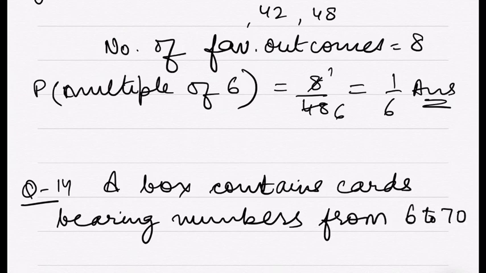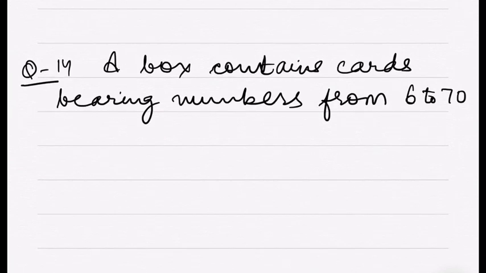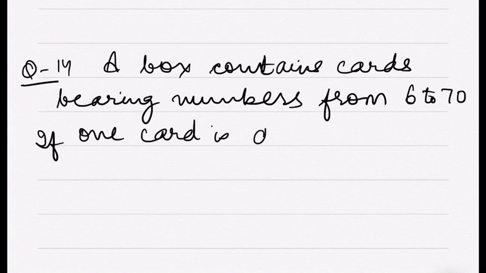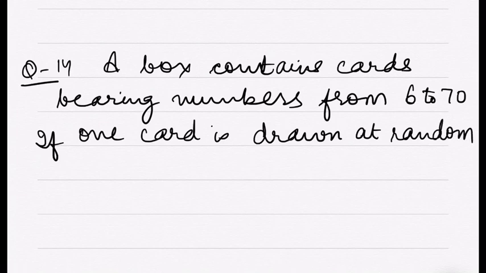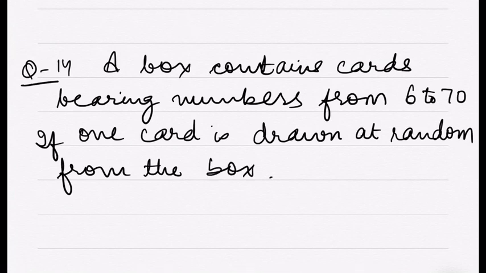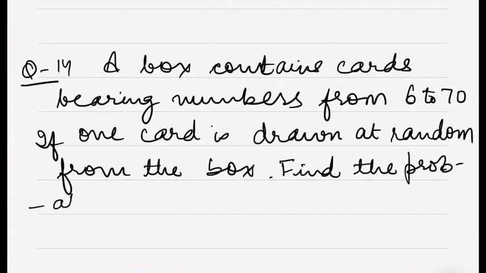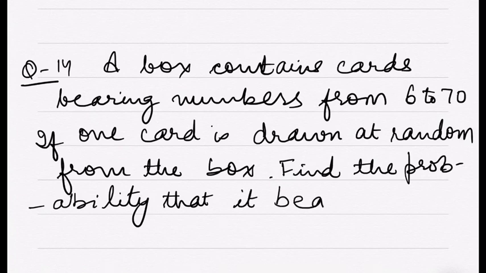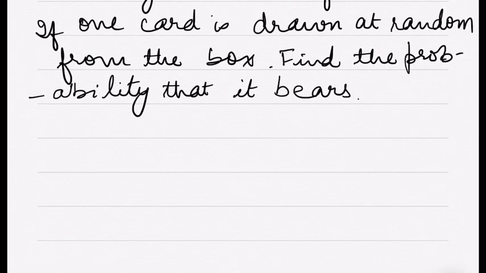If one card is drawn at random from the box, find the probability that it bears. Okay, there are different parts. So the first part is a one digit number.